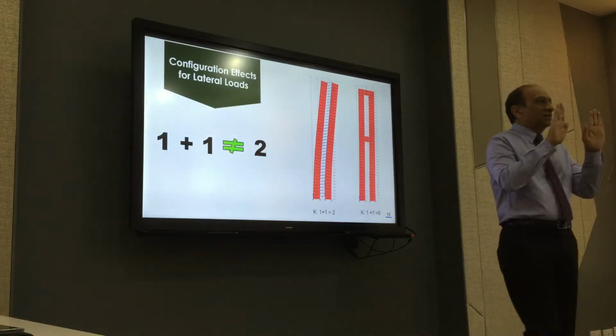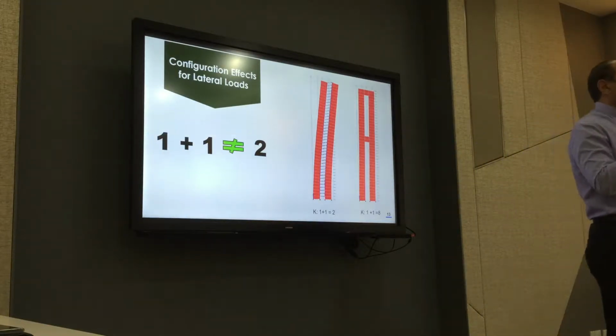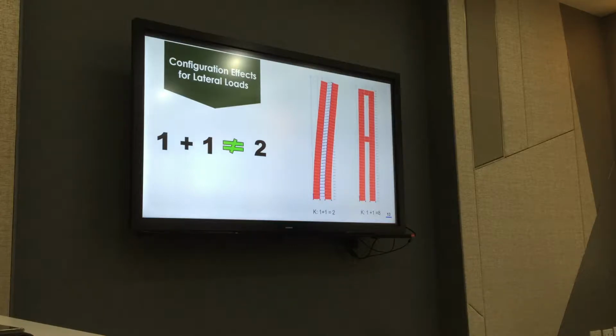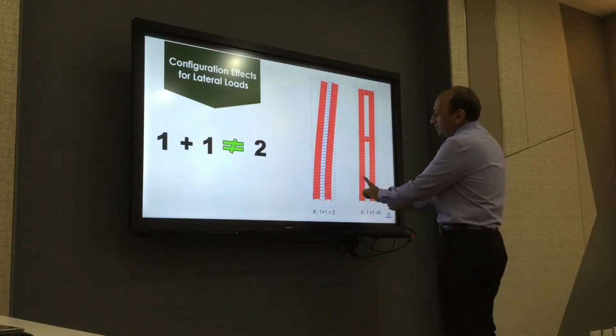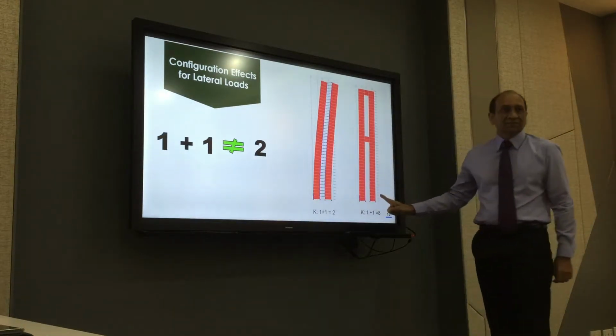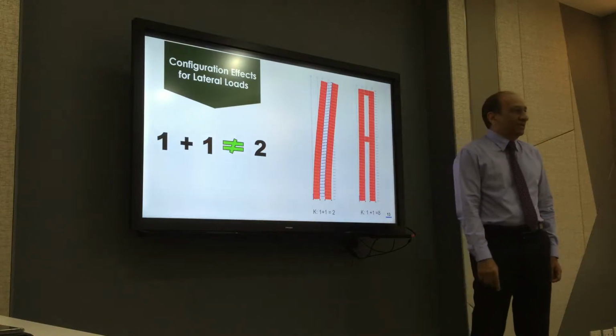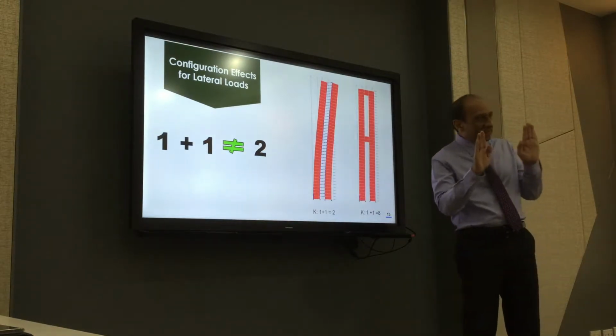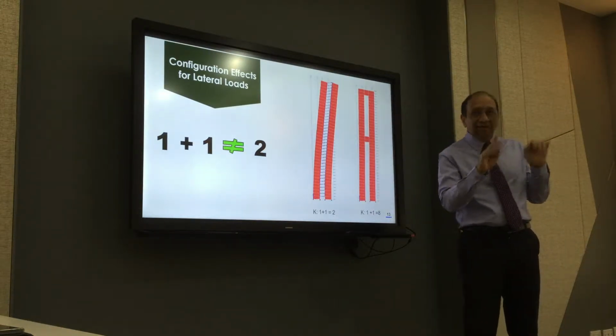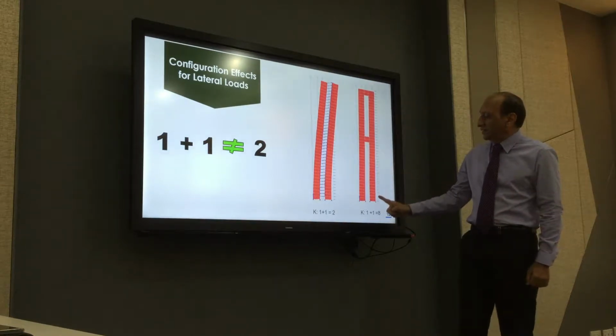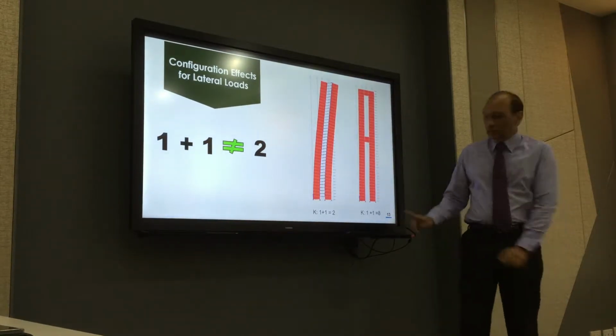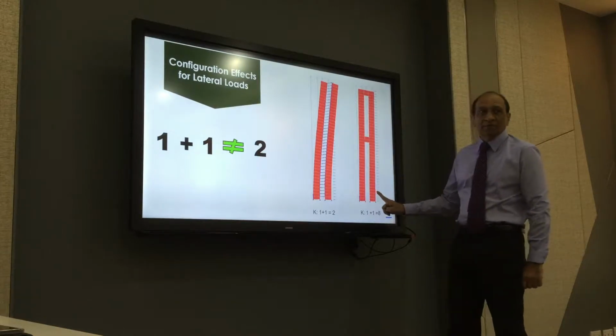The idea is that if you remember the first rules, I gave you 4 rules. Try to convert the forces, lateral forces, into axial loads. So if you do this one, it will convert this into tension and compression. Here, both the walls are bending, right? Independently, side by side, but bending. Here, in addition to bending, there is going to be axial force. So one is going to be in tension, one is going to be in compression.